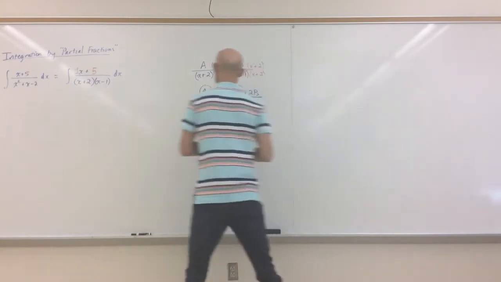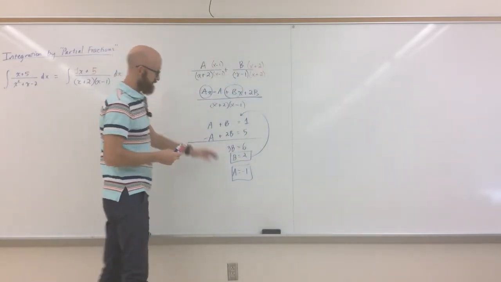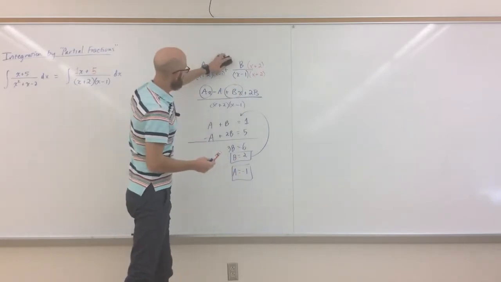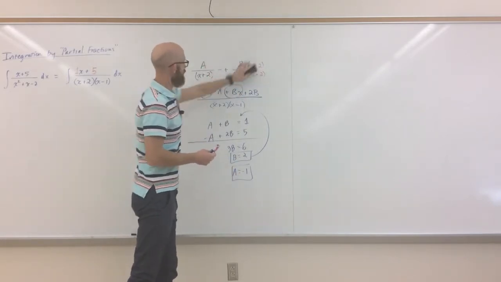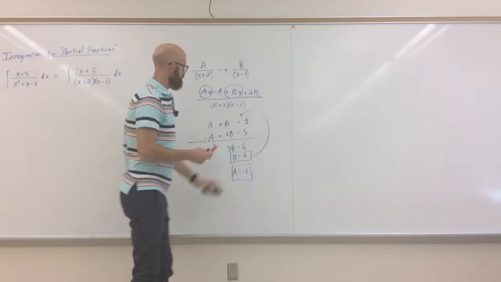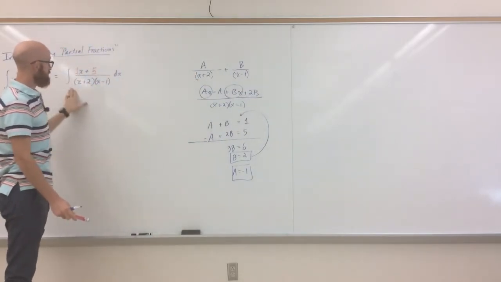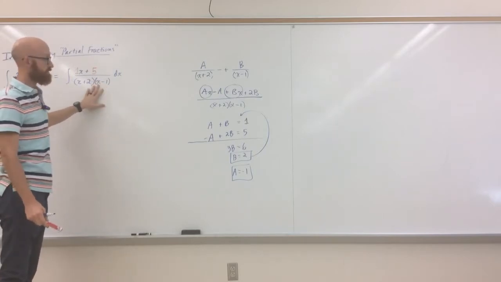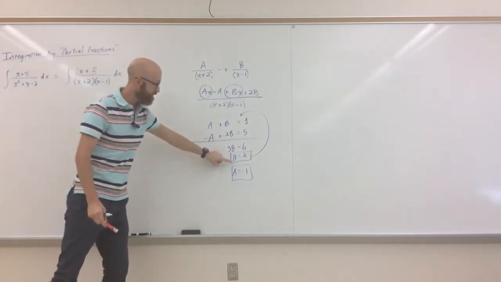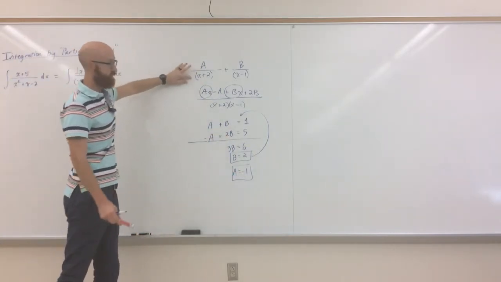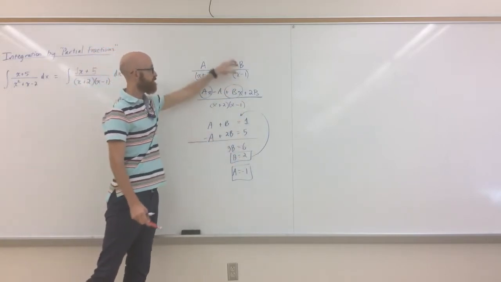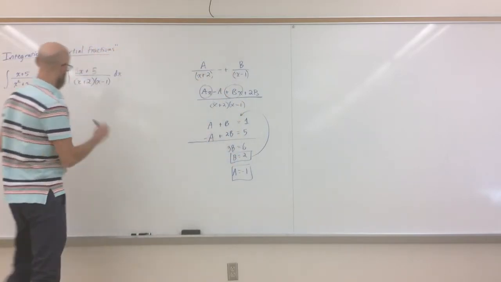Going back to the original idea, we could take our fraction and break it into two pieces. So this fraction, x plus 5 over the factored terms, is actually equal to negative 1 over x plus 2 plus positive 2 over x minus 1.